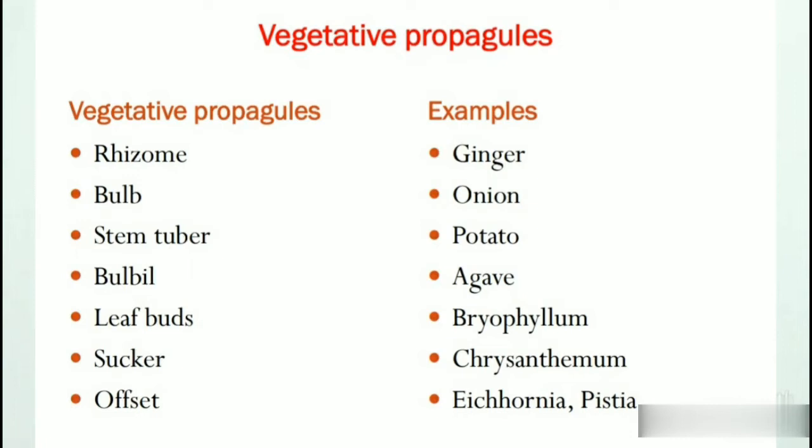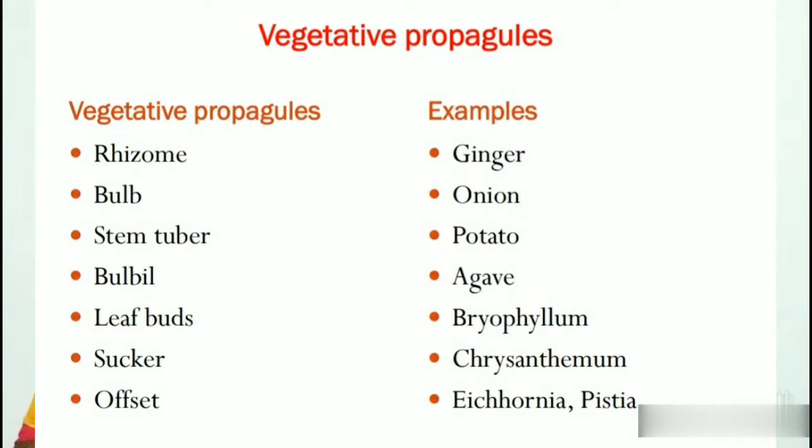Once again, I will list out all those vegetative propagules. First, we discussed the runner. Examples: centella, oxalis, and normal grasses. The second one is the rhizome. Examples: ginger, turmeric, and banana. The third one is the stem tuber. Example: potato.